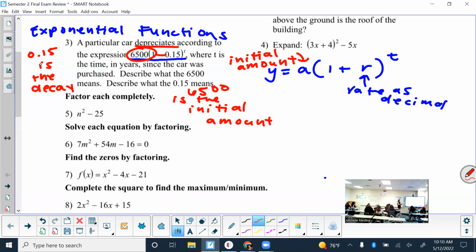It's decreasing at a decay rate of 15%, per year. When it's in your formula, you want it as a decimal. So hopefully you know how to do that by now. If you're going from decimals to percent, times 100%. If you're going backwards, divide by 100%. But that's what it means. It's depreciating at a rate of 15% per year.